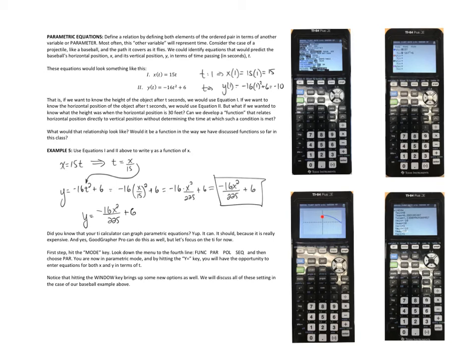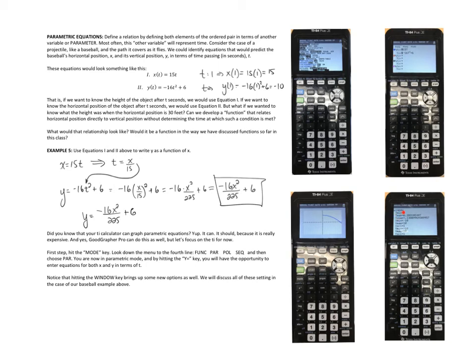But you say, well, what the heck? What's going on? Why isn't it showing us maybe the other part of this? And so if you hit the window key, what will come up is a window that looks a little bit different from your window when you're in regular function mode. Because the first option up here is your T-min and T-max and T-step.